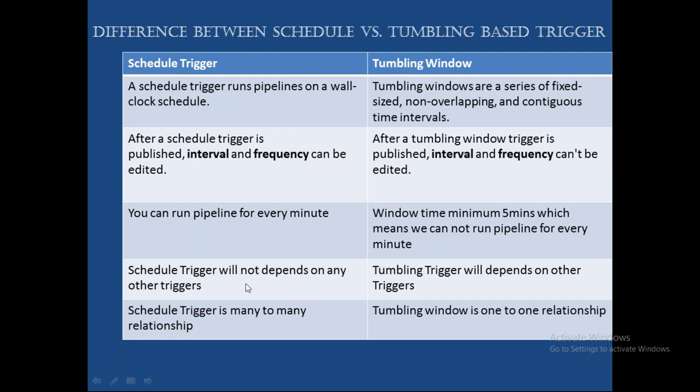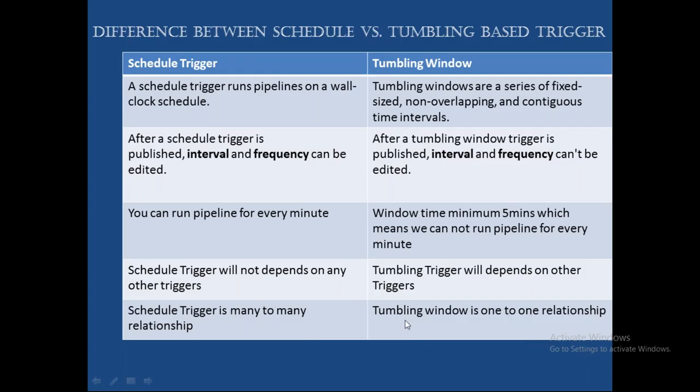Schedule trigger does not depend on any other trigger, remember. We cannot create any dependency, but in tumbling trigger we can create the dependency. So in tumbling trigger, one trigger can depend on another trigger, or you can also create a self-dependency trigger. We saw yesterday, schedule trigger is a many to many relationship, but tumbling window is a one to one relationship.